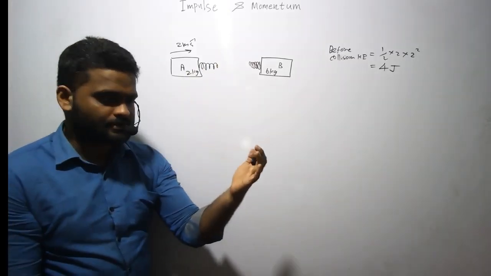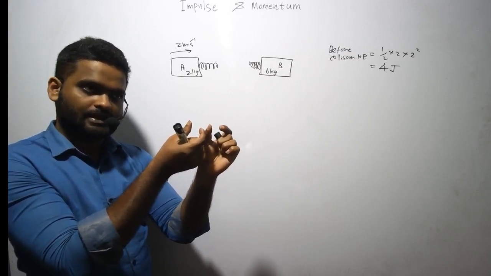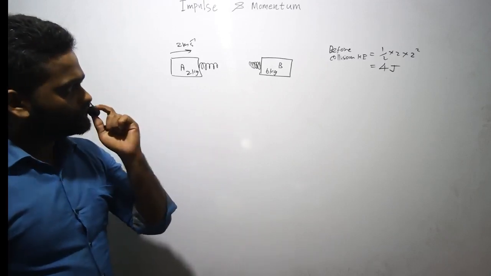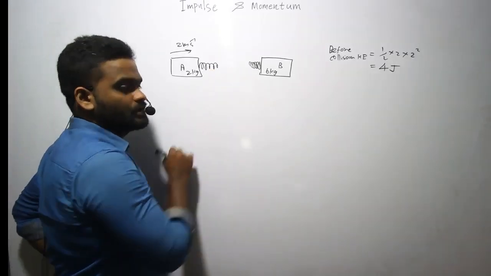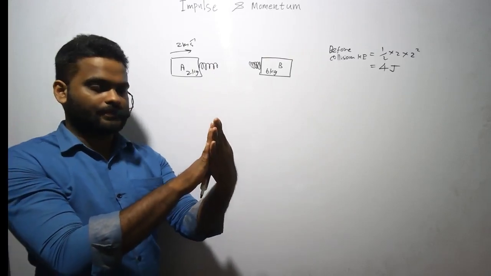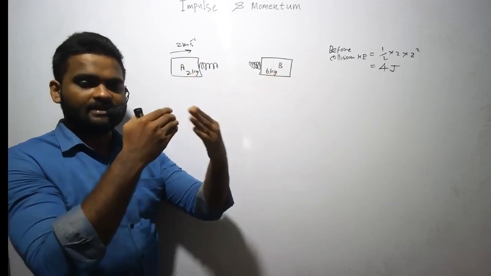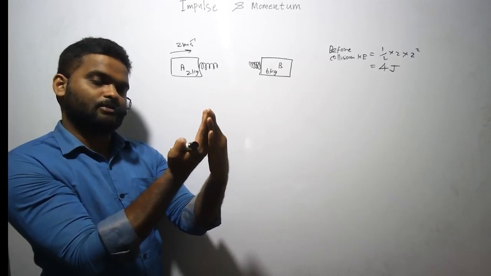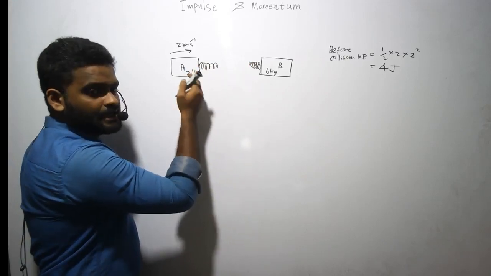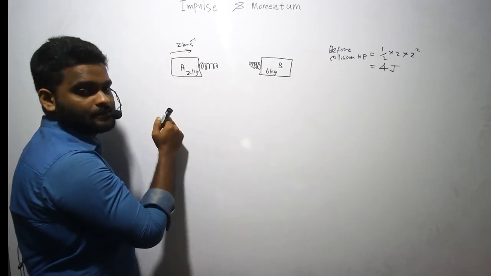So that happens when the springs contract to a maximum value, right? So what happens here? Let's say these two collide, and the springs are together. Still this has 2 meters per second and this is at rest. So with time, they start changing their momentums. This is pressing against A, so the speed of A decreases from 2 meters per second.